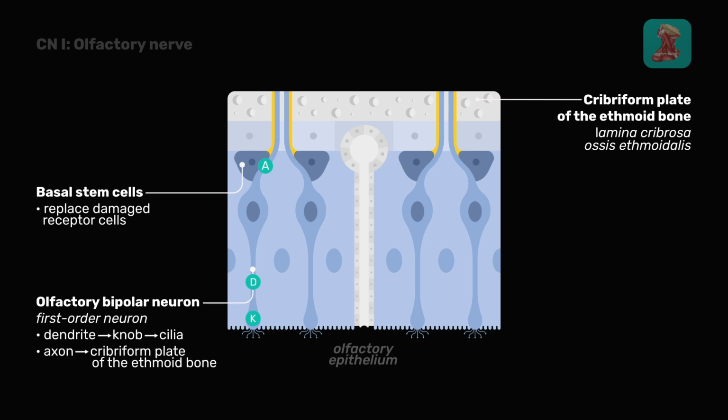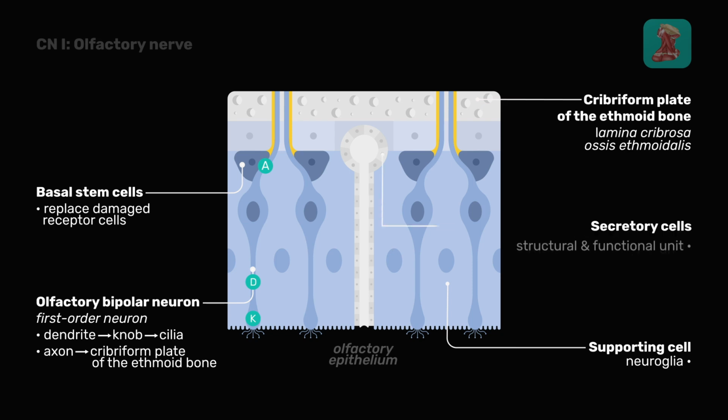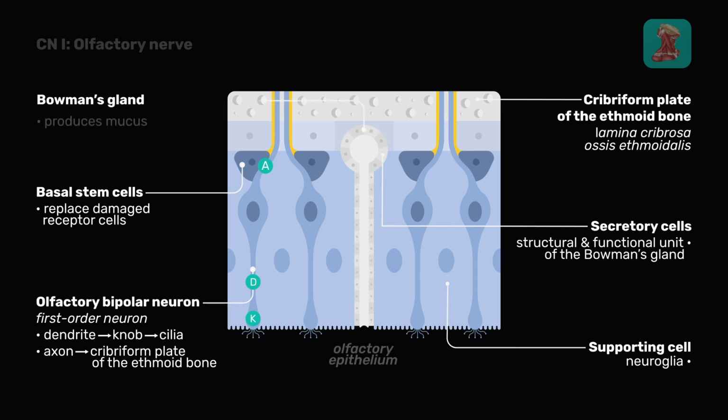The third cell type is the supporting cells, which are essentially ordinary neuroglia. We can compare them with the maintenance staff. And the fourth cell type are secretory cells that form the so-called glands of Bowman, which produce a special liquid or mucus. Molecules of odorous substances are dissolved in this liquid, which increases the efficiency of olfactory perception.